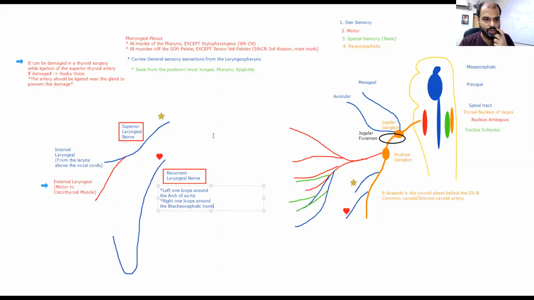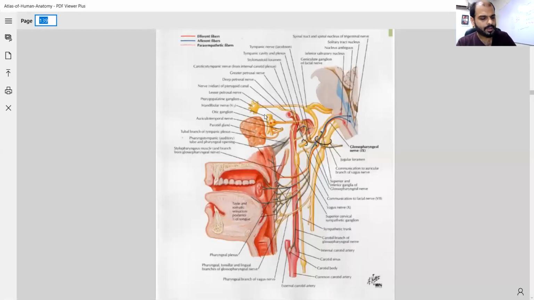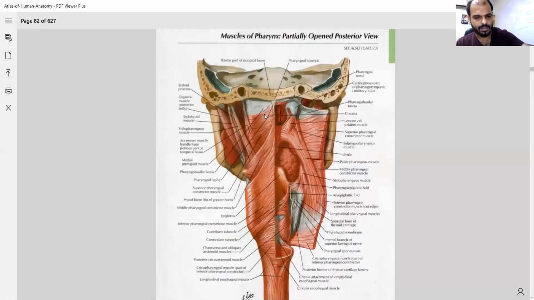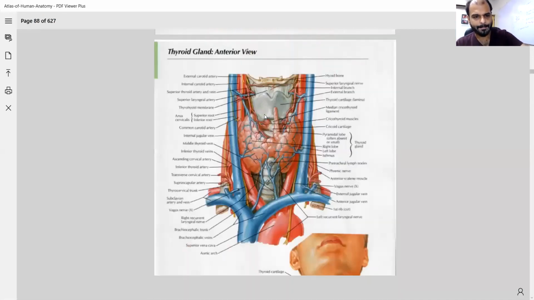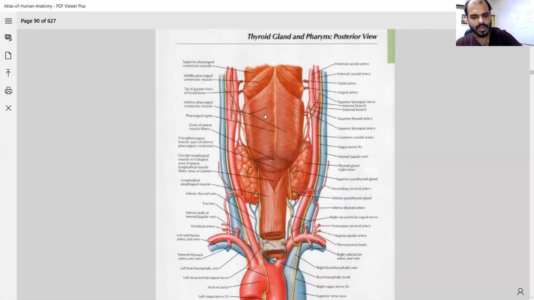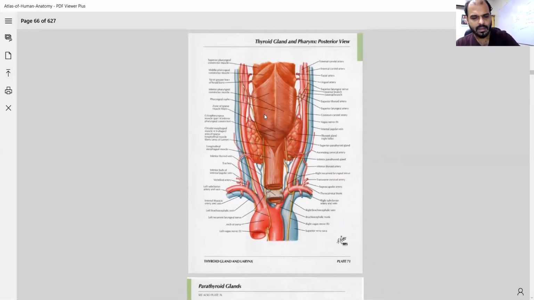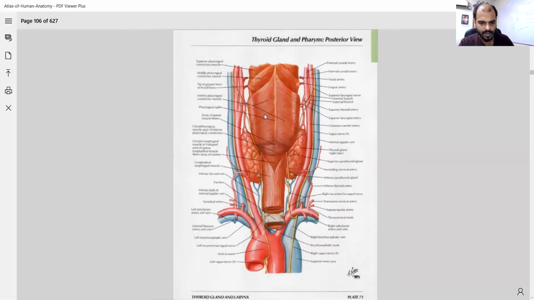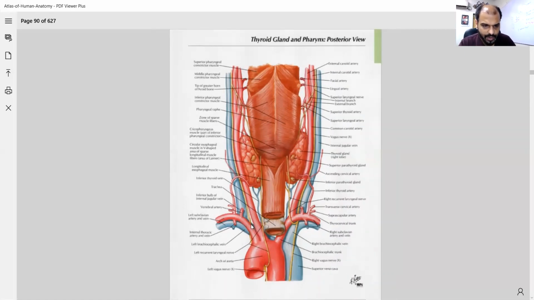Let me show you a figure here. If we just see, it was somewhere like plate number 80 or 90. Yes, this one. Now we are seeing it from the back side. This is the left-sided nerve, the recurrent laryngeal.